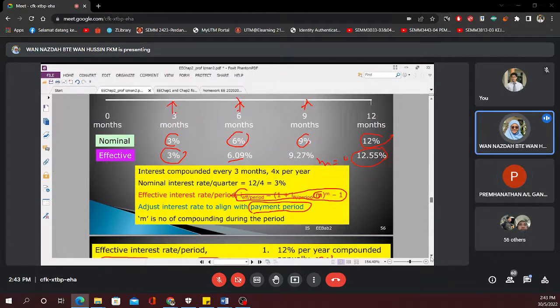Orang lain macam mana? Okay, sekejap ya. Sebab saya nak berehat sekejap. Orang lain macam mana? Ya. Amir Rushaidi. Macam mana? Saya pun kurang faham betul.